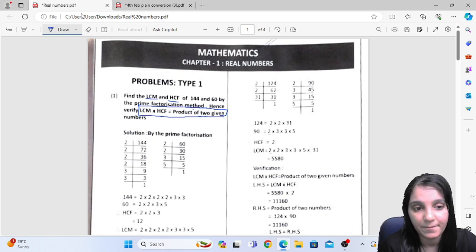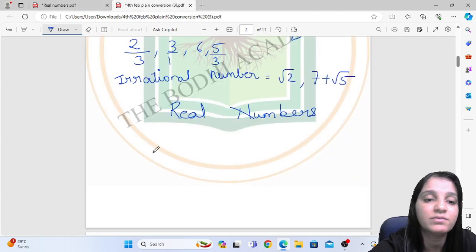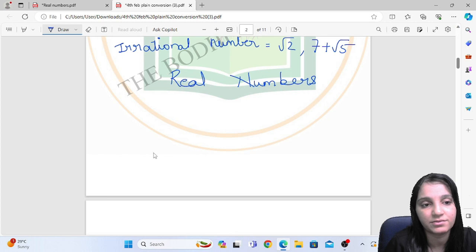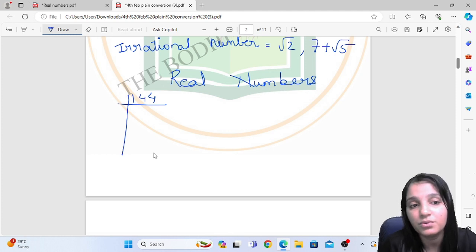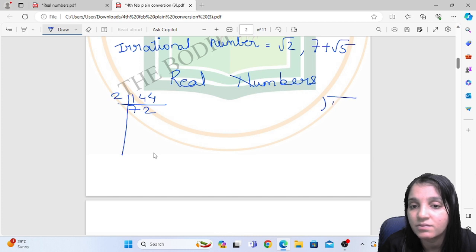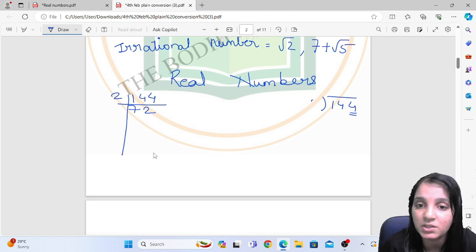These are 144 and 60, right? So we will find the prime factorization first. If you cannot do it directly how I do here, then you can go with the division. For 144, always see the last number is 4, so it is an even number which will come in 2's table. 2 sevens are 14, 2 twos are 4.